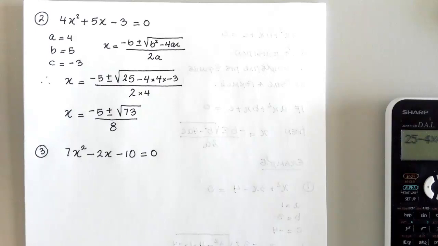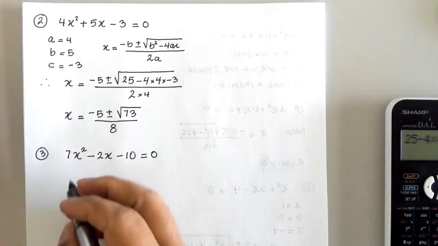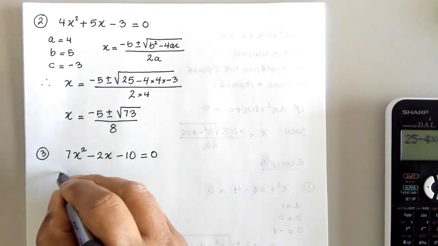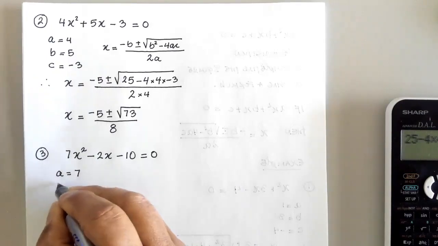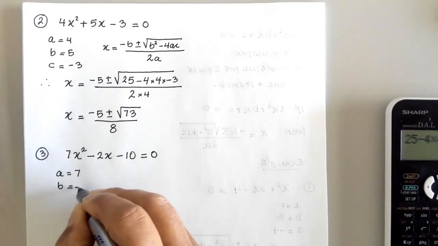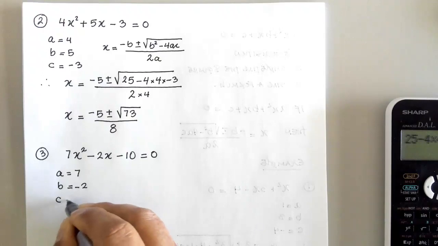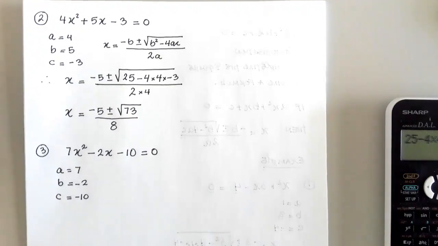All right, let's do the same thing. So we're gonna say a equals 7, b is equal to -2, and c is equal to -10.